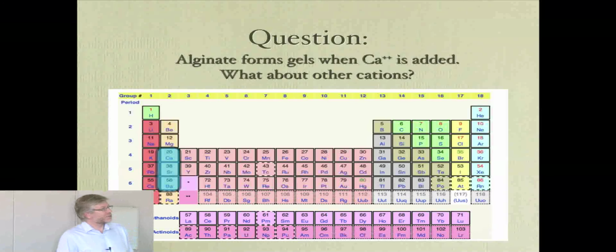Of course, in this region there are no cations, but for instance, chromium 3+, manganese 2+, iron 2+ or 3+, nickel 2+, copper 2+, zinc 2+, they all bind to alginate and form a gel.